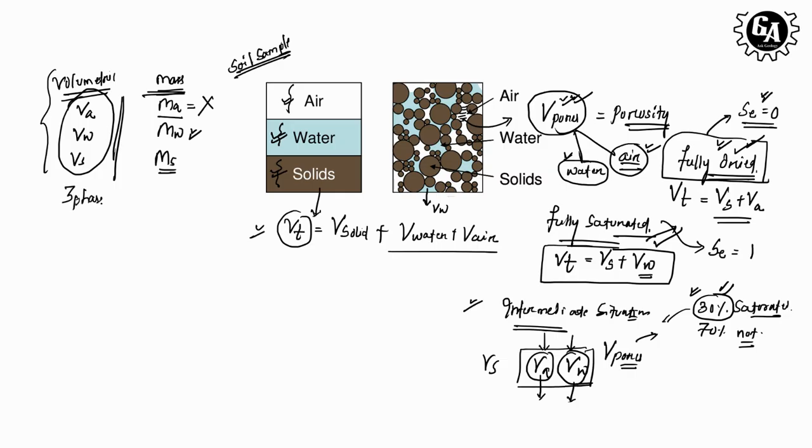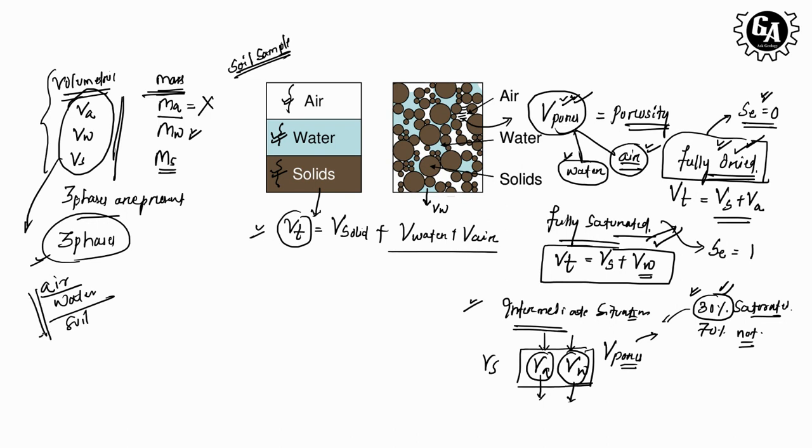Three phases are present, so in the volumetric concept or volumetric calculation, we have to consider three phases, because air has a volume, water has a volume, and the soil sample has its own volume.